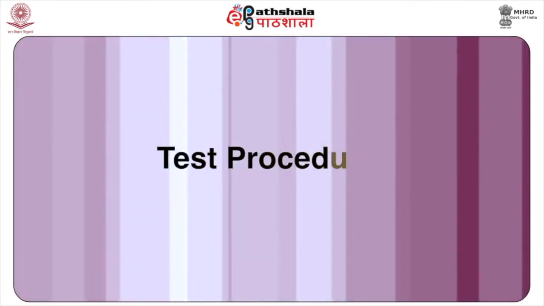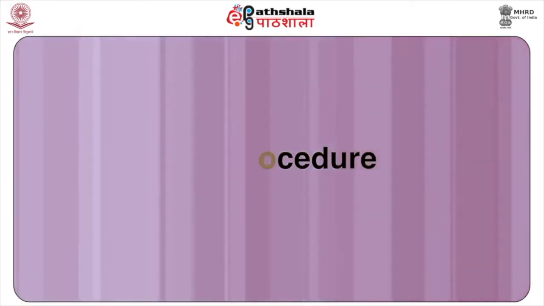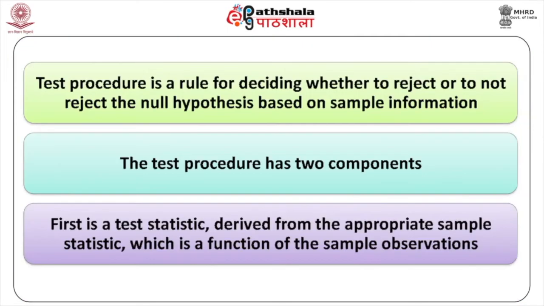Let us now understand what a test procedure is. Test procedure is a rule for deciding whether to reject or not to reject the null hypothesis based on sample information. The test procedure has two components. First is a test statistic derived from appropriate sample statistic, which is a function of sample observations.